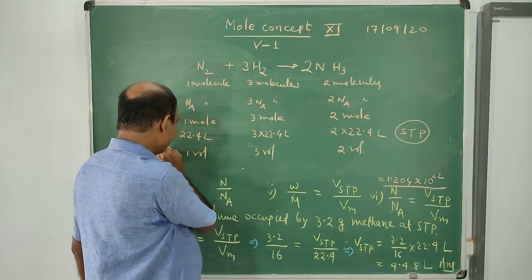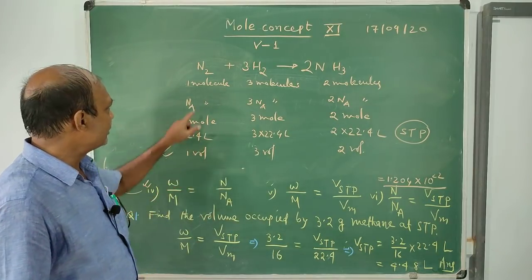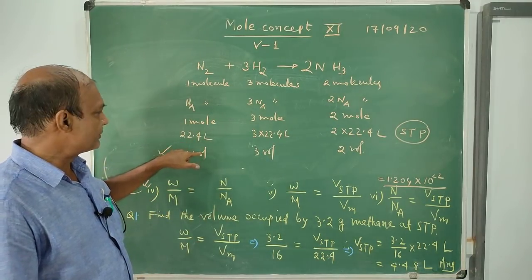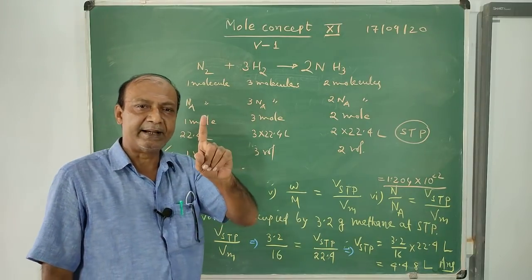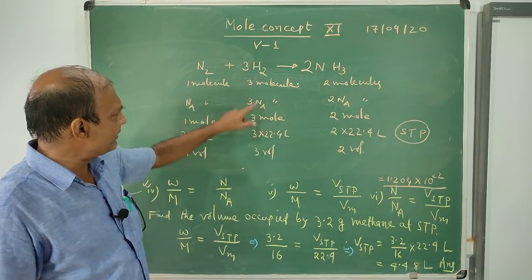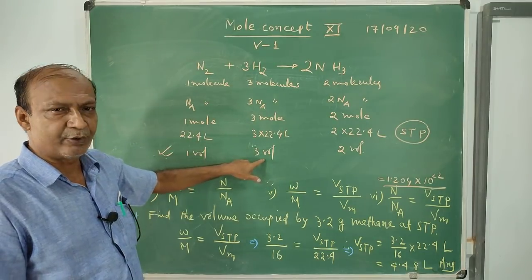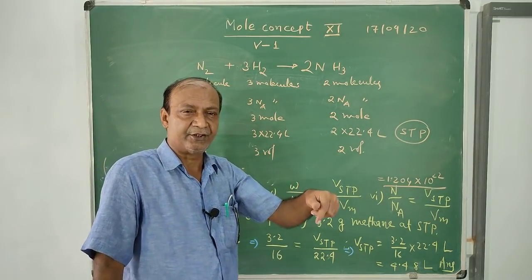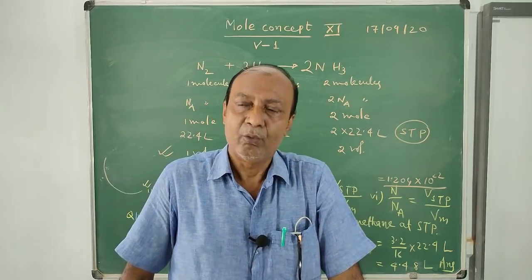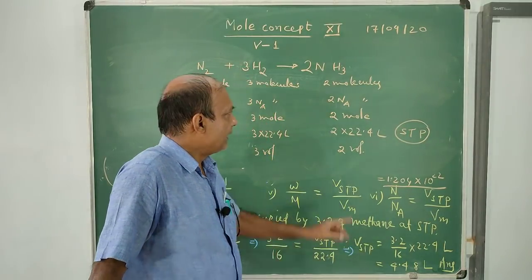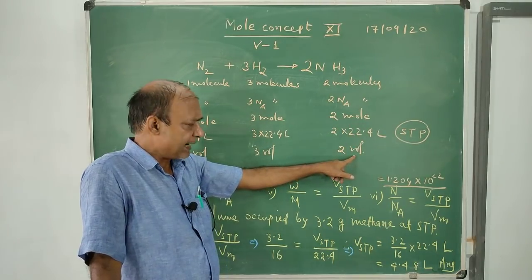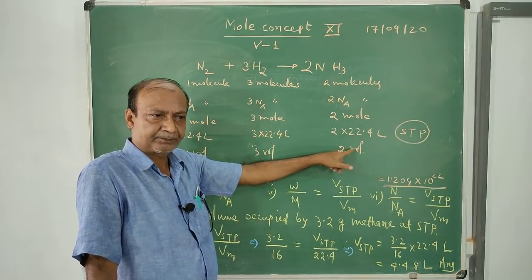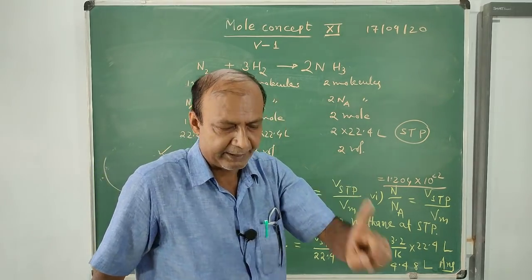So this is a general statement that 1 volume of nitrogen, suppose measured at 25 degrees centigrade and 1 atm pressure, will react with 3 volumes of hydrogen measured at the same temperature of 25 degrees centigrade and 1 atmospheric pressure, and will give 2 volumes of ammonia at 25 degrees centigrade and 1 atmospheric pressure.